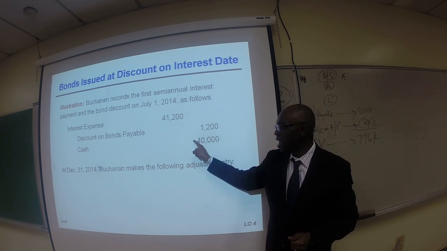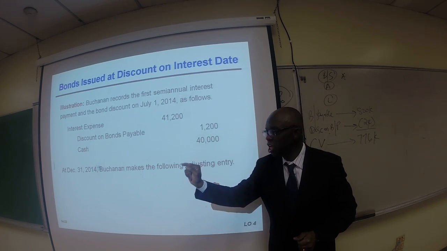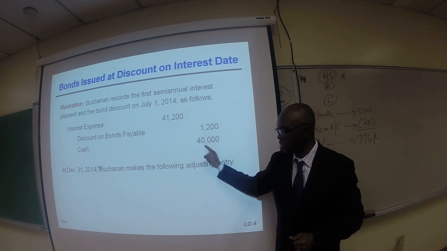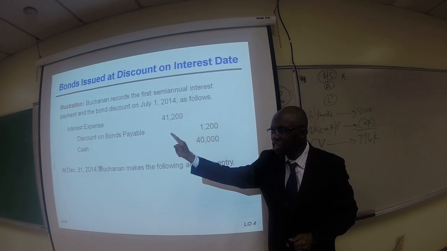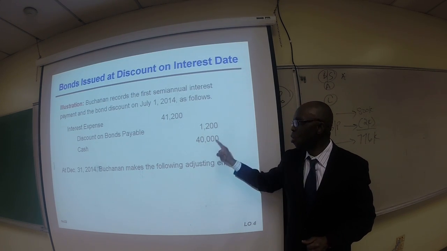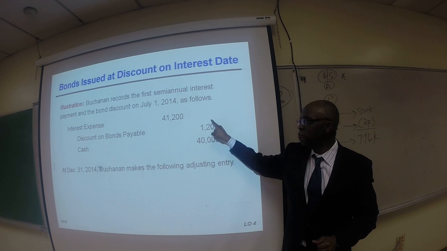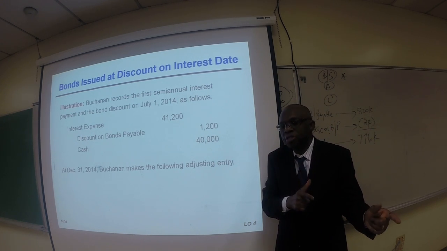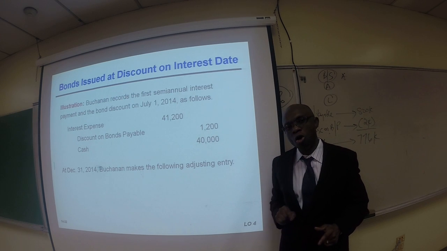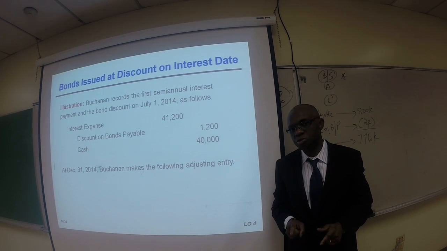So the cash interest payment is $40,000. The interest expense is $41,200. Why? Because $1,200 of the $24,000 discount is now part of your interest expense.